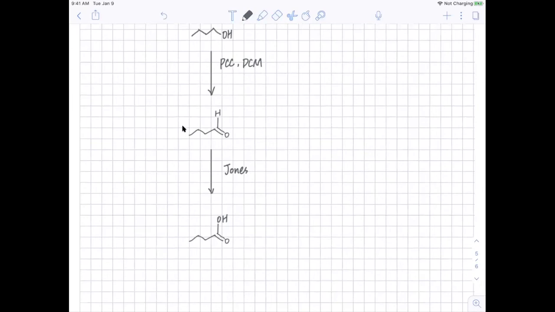Also, if you want, you can directly oxidize that into a carboxylic acid with the Jones reagent. So how should we get back? Can we get back? Yes, we can.